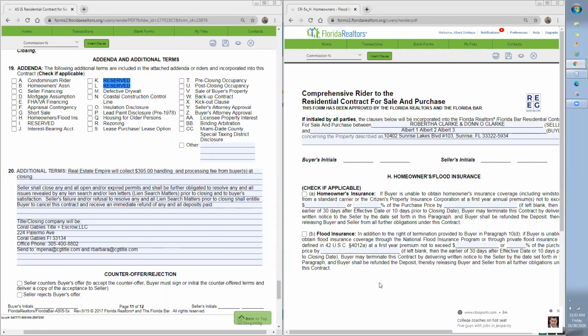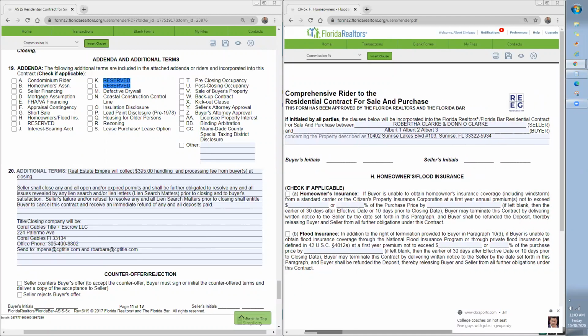But what it's saying in actuality is if the buyer is unable to obtain homeowner's insurance for this amount by the day we close, or, here it says if you leave it blank, earlier than 30 days of effective date or 10 days prior to closing, right? If you leave it blank.